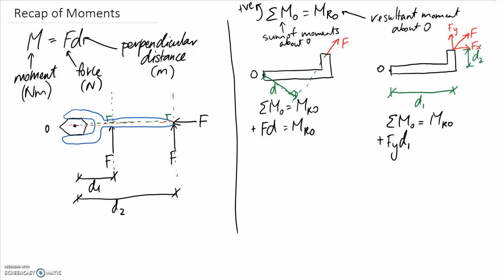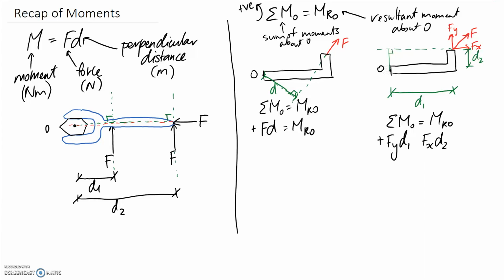So now we need to consider Fx. So the force is Fx, and the distance that this one needs to be multiplied by is going to be D2. Again, if you dot in your line of action, this distance here is the perpendicular distance for it, which corresponds to D2 from the diagram. So now you just need to think about the direction that it's going to push.